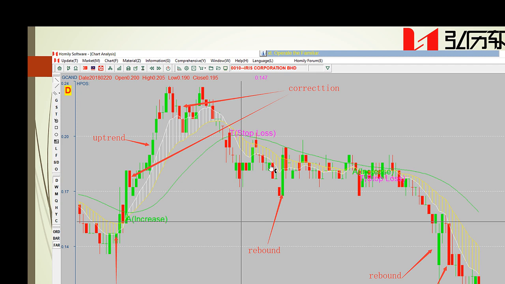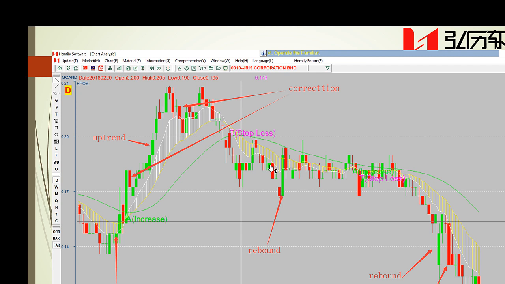If the price cannot break out, it will continue dropping, so we should know there is risk. If we already have this share, we should sell it when it gets the resistance from here, cannot break out, and keeps dropping. We should sell it at a candle like this.